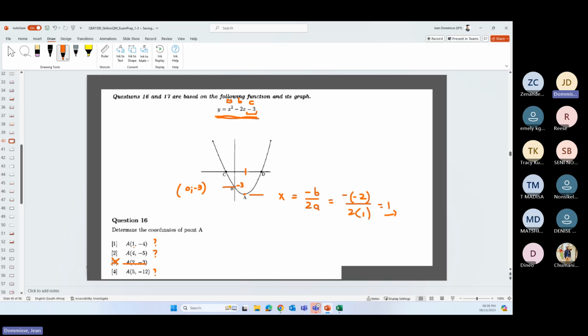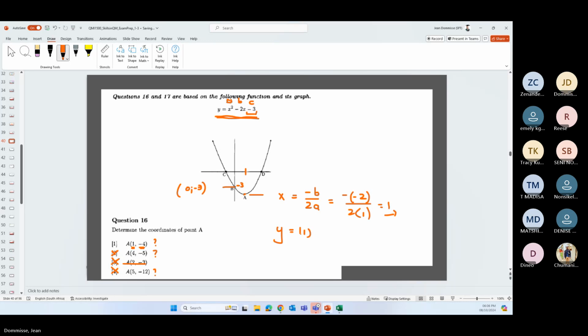Okay, so there we've got the x value of 1, so options 4 and 5 are also not going to be it, but let's just work out how we get option 1. So how do we get the minus 4? Well, we know that x is 1, so we can substitute it back into the original.